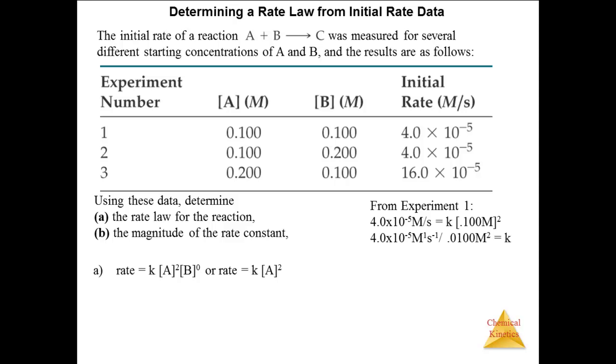So 4.0 times 10 to the minus 5th molar per second divided by 0.0100 molar squared equals k. So k equals 4.0 times 10 to the minus 3rd molar to the minus 1 seconds to the minus 1.